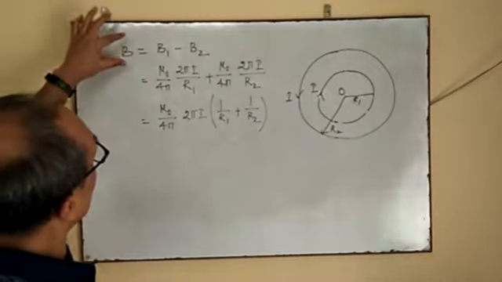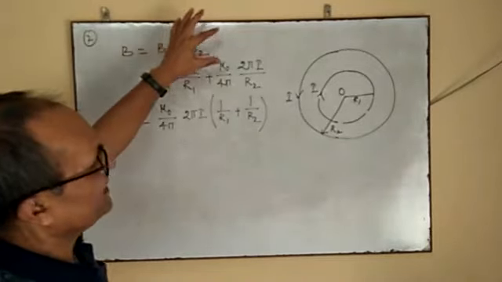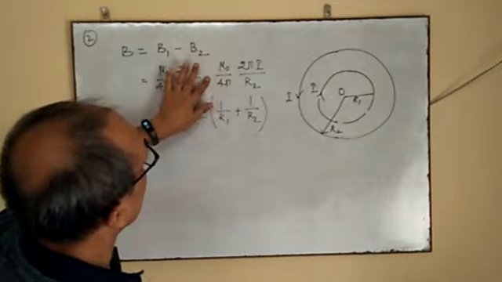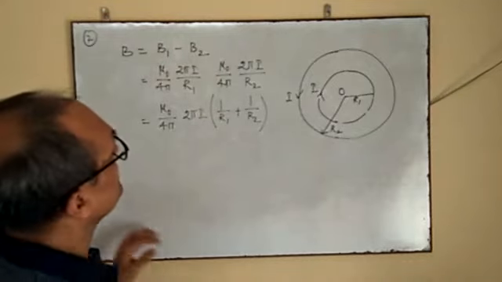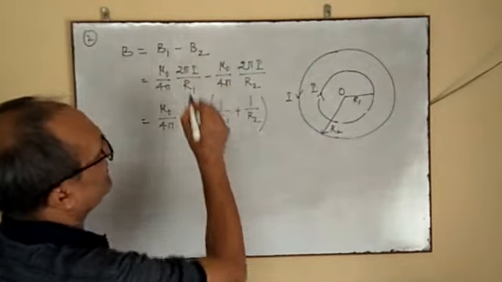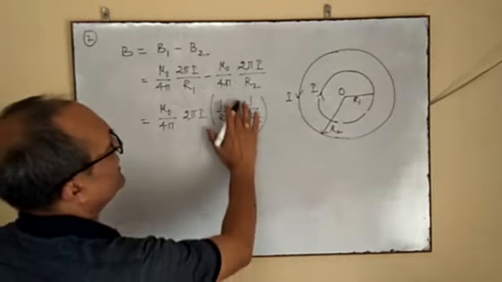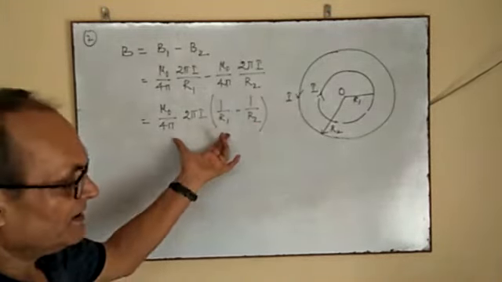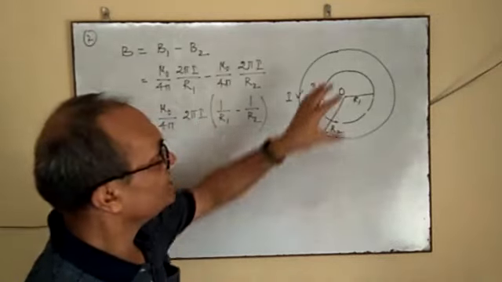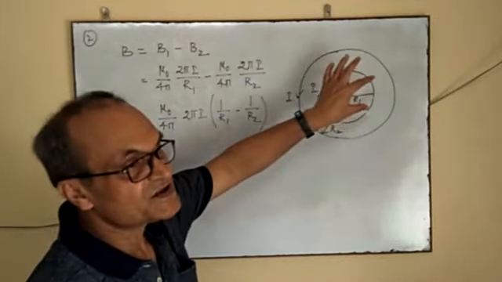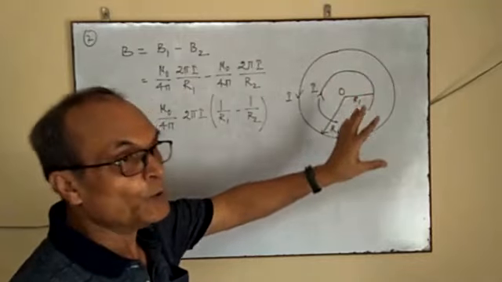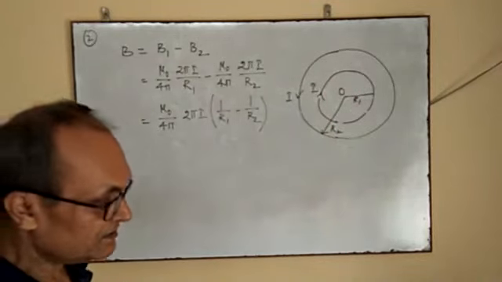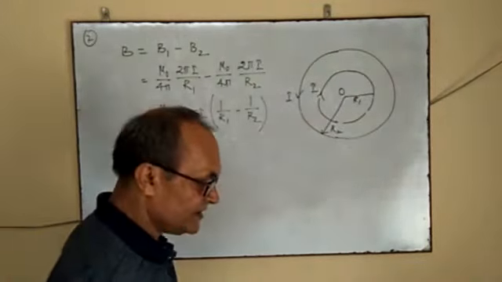Resulting magnetic field B will be B1 minus B2, and similarly both have the same magnitude, but here you will find negative. So this is the value of the magnetic field due to these two concentric circular current carrying loops but opposite in direction. I think it's clear.